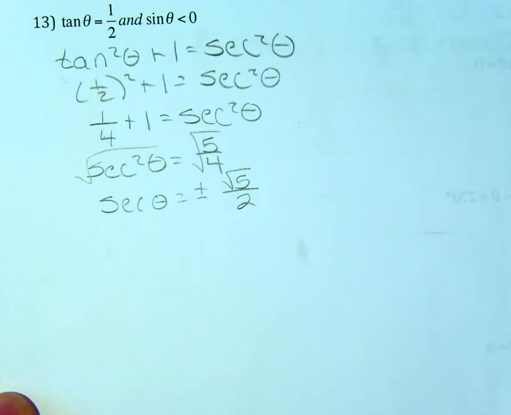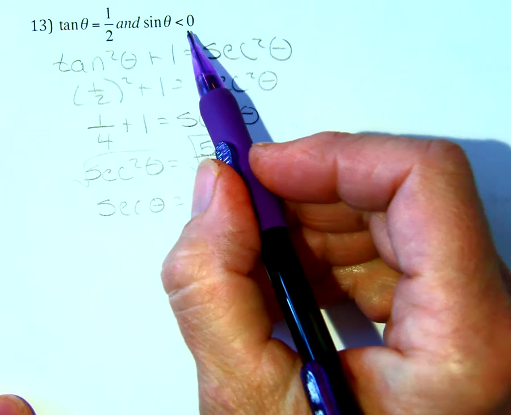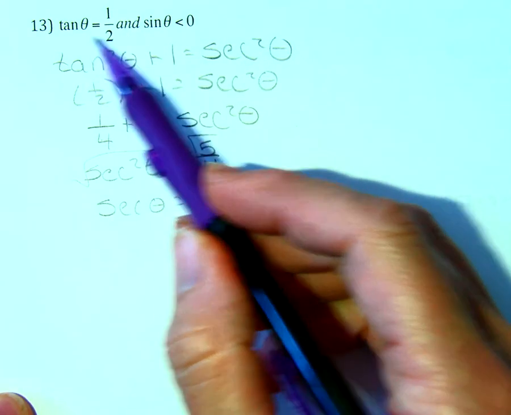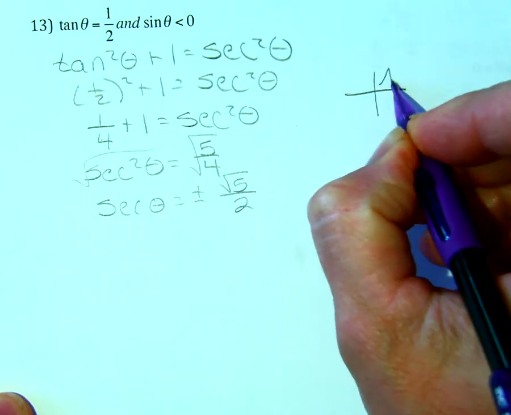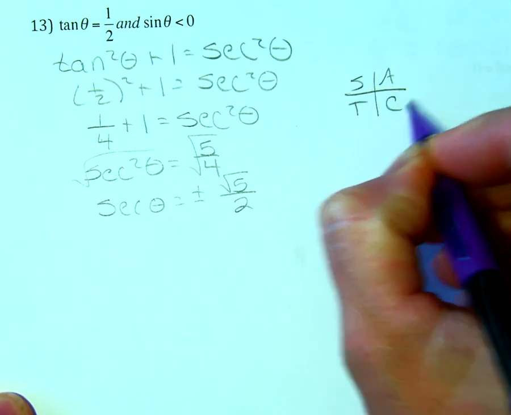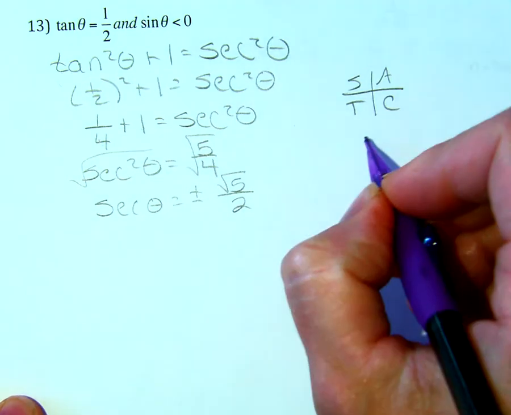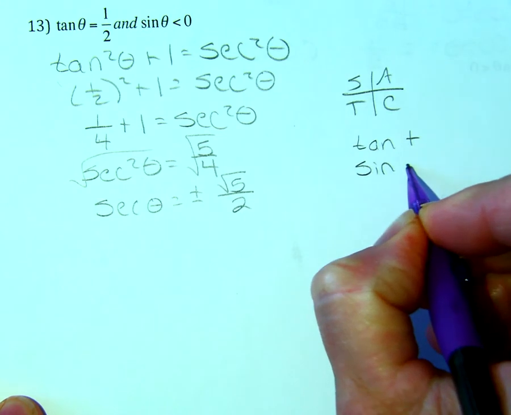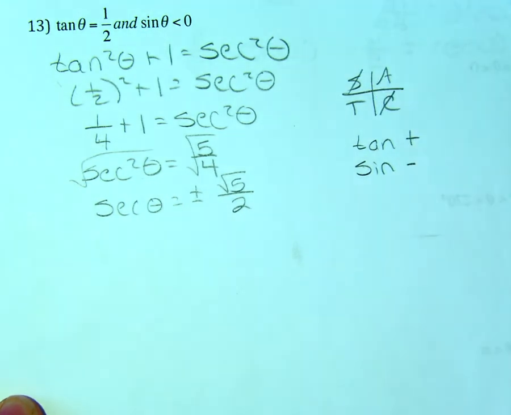Well, I have to figure out whether it's going to be positive or negative. So it tells me that sine is negative, and it tells me here that tangent is positive 1/2. So I'm going to have to do that little All Students Take Calc deal to figure out what quadrant this is, and then I'll know whether secant's positive or negative. So tangent is positive, sine is negative. So if tangent's positive, it can't be here and it can't be here.